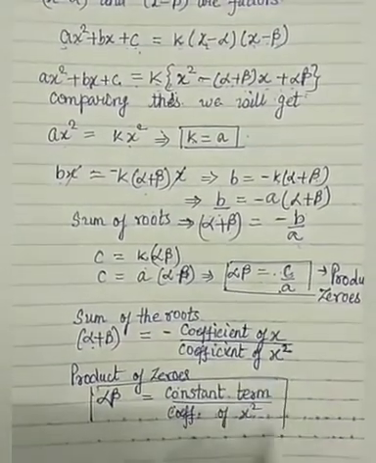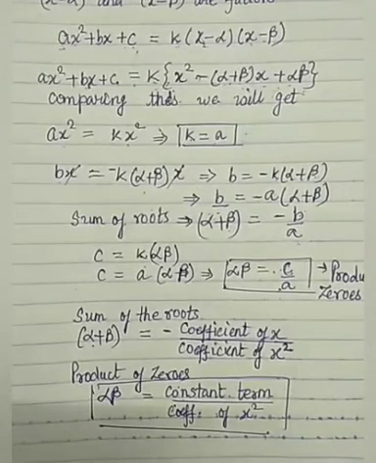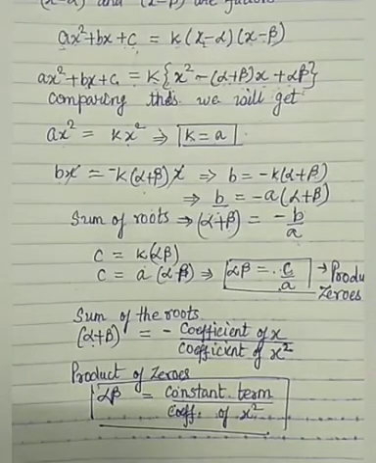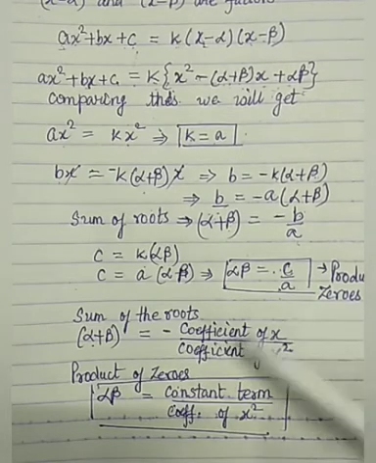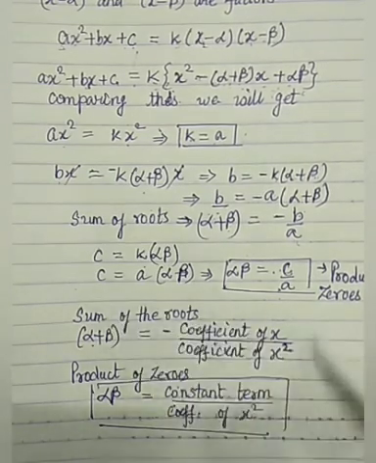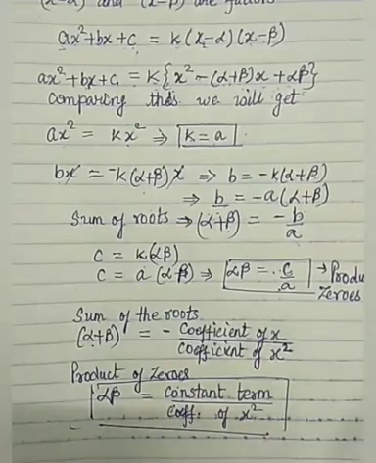So this is the relationship between the zeros of a polynomial and the coefficients of this polynomial. When it is asked, you will have to write this line separately. Okay.